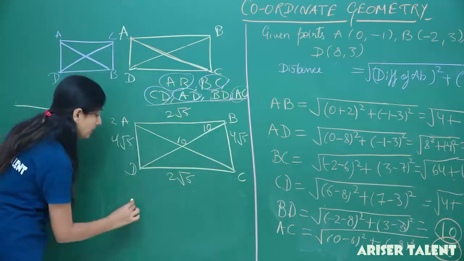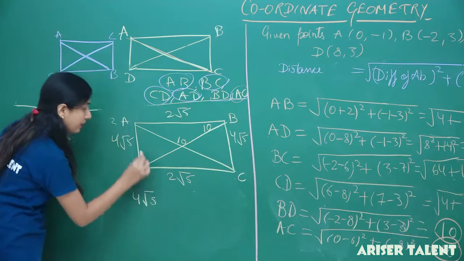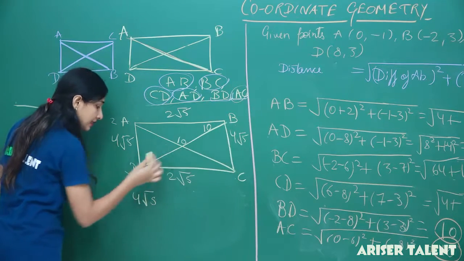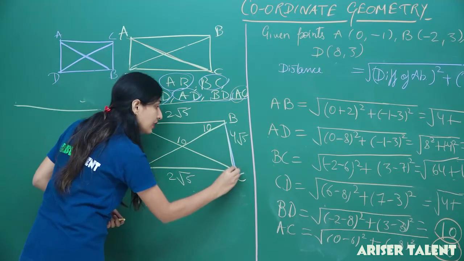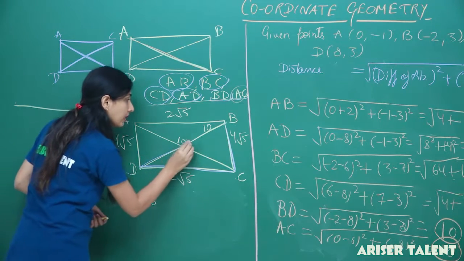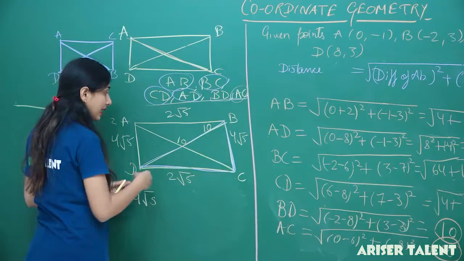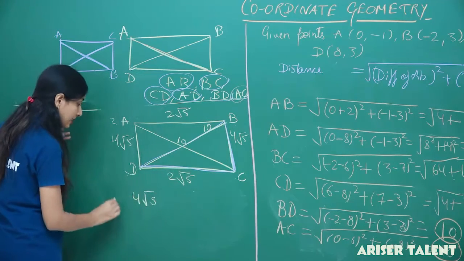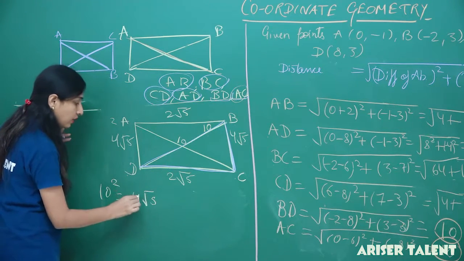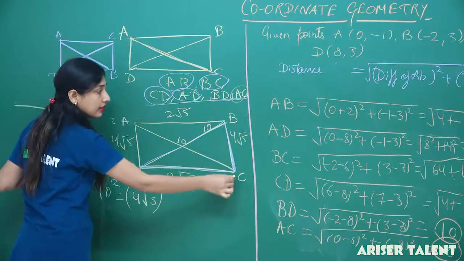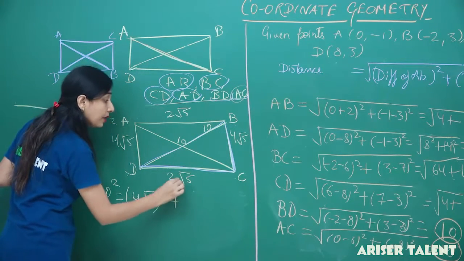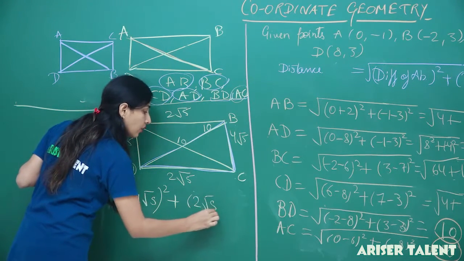So that means this is 4 root 5. If I consider this a right angle triangle, to be a rectangle it should be a right angle triangle. For it to be a right angle triangle, the hypotenuse squared, which is 10 squared, should equal 4 root 5 squared plus 2 root 5 squared. Hypotenuse squared equals perpendicular squared plus base squared. So 100 should equal 16 times 5, which is 80, plus 4 times 5, which is 20.